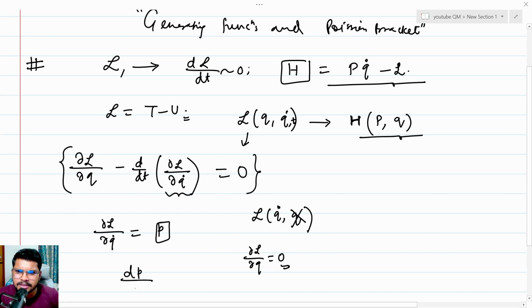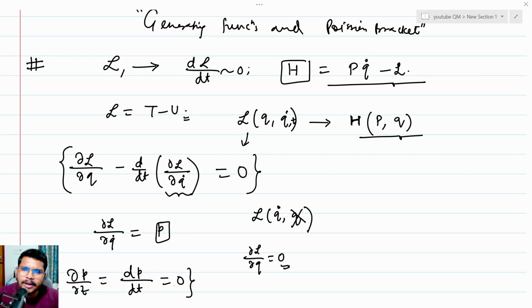It simply says that dP over dt becomes 0. If this becomes 0, it signifies that the corresponding generalized momentum, whether it is linear momentum, angular momentum, or any other quantity, would be constant.